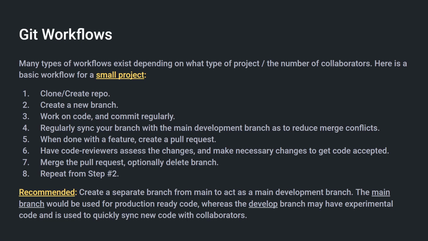And in this way, the main branch, when people go to clone your repository, will always be up to date with working code, whereas the development branch may have some experimental code, and even though it's tested code, it could still have bugs that have not been found.